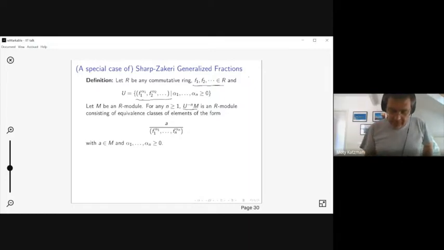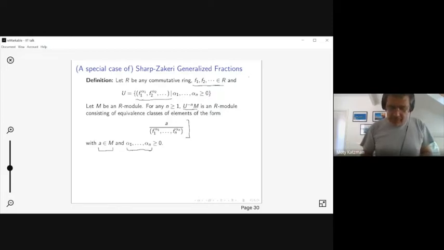The elements are going to be equivalence classes of elements of this form, where the numerator a is in your module M and the exponents of the various f's in this sequence are greater or equal to 0. We can write all these symbols, and then we introduce an equivalence relation, and the elements in this module of generalized fractions are going to be equivalence classes of these.